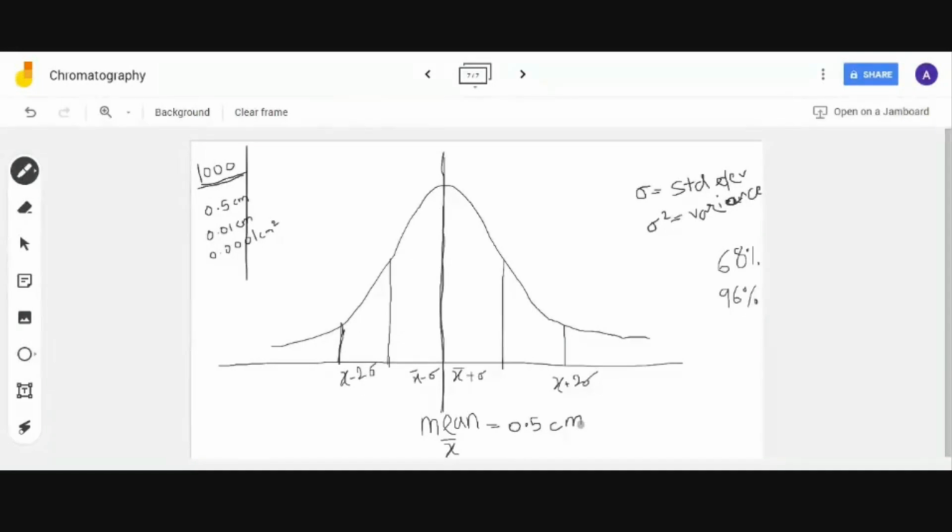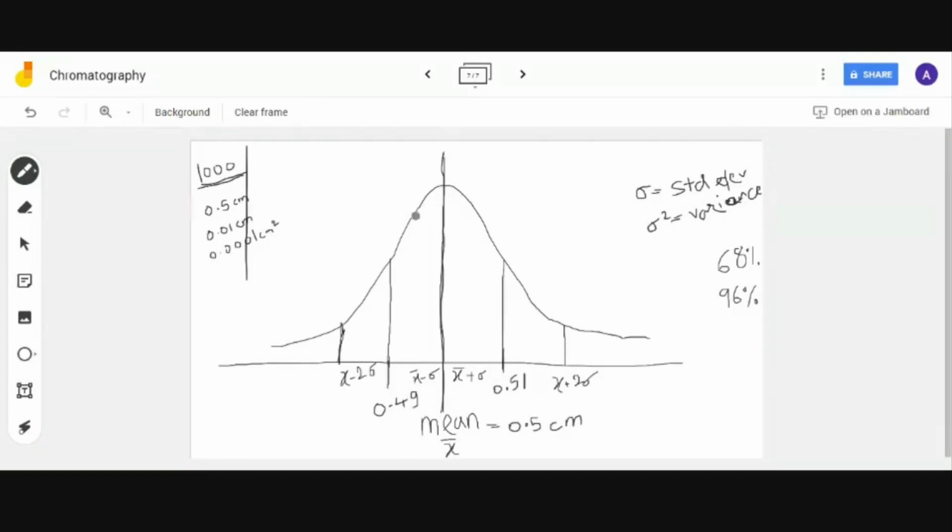Now, if I add 0.5 centimeter plus the standard deviation, I will reach here, so it will be 0.51 centimeter. And if I subtract the standard deviation from the mean value, I will reach this point, which will be 0.49 centimeter.